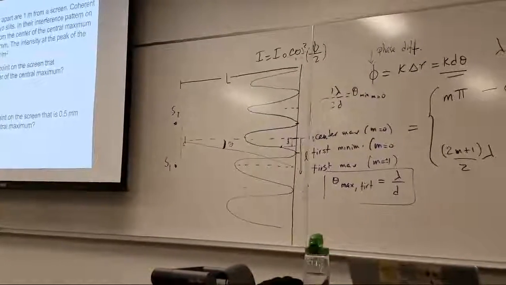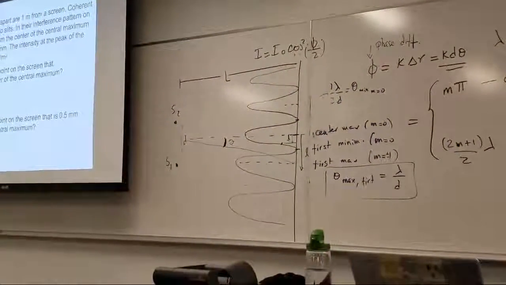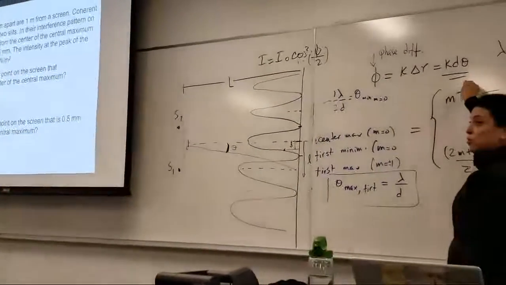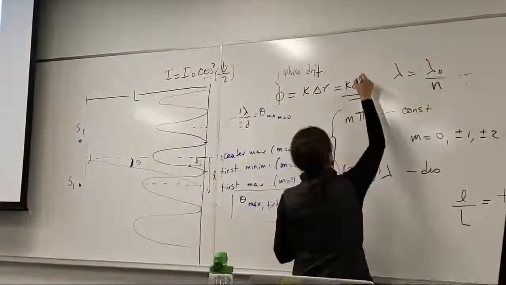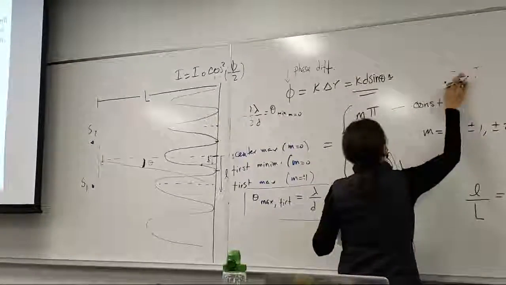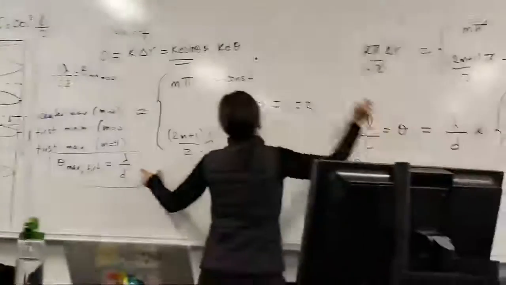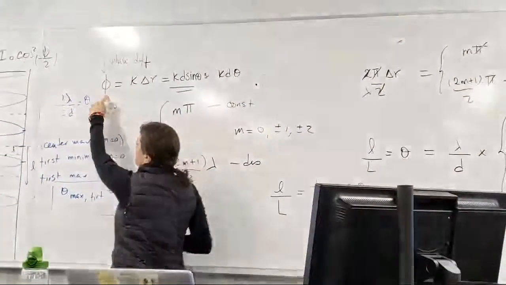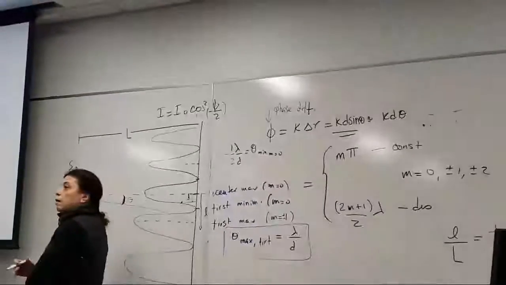In reality this is sine theta, but it's approximately equal to k d theta. So now I can calculate the phase angle, which I then put into this formula and calculate the intensity.